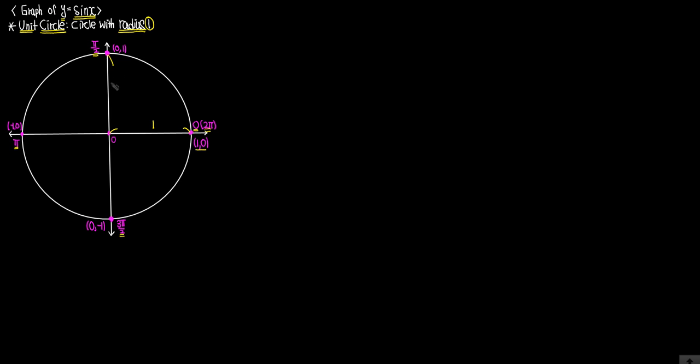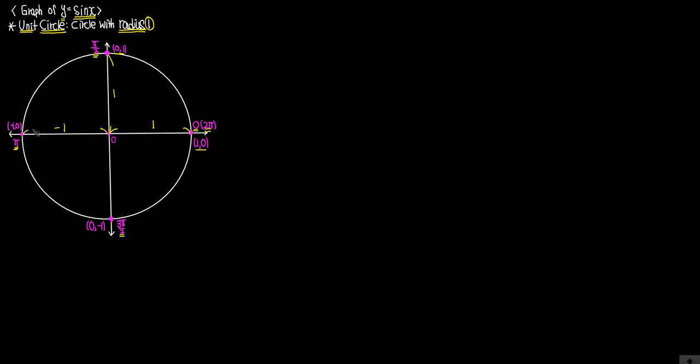If you go 90 degrees more, the length is also 1, where we rotated pi over 2 radians. Then it is on the positive y-axis, so the coordinate will be (0, 1), which is a y-intercept. If we go 90 degrees more, where we reach pi radians, 180 degrees, it will be (-1, 0), because even though the length is +1 in terms of distance, in terms of the coordinate it will be -1.